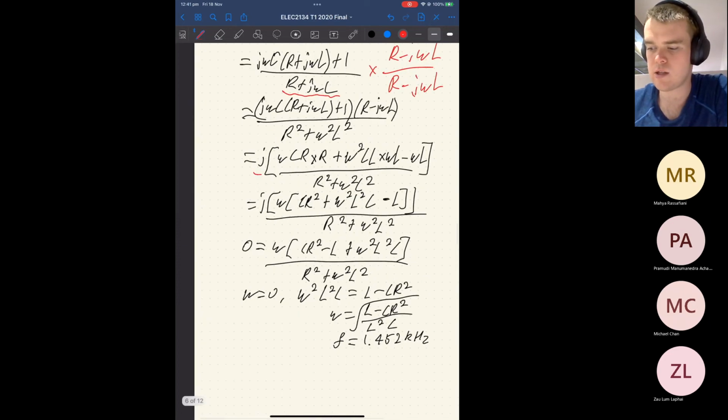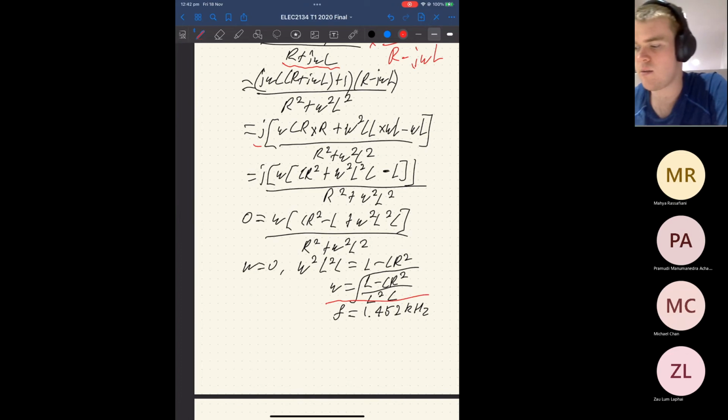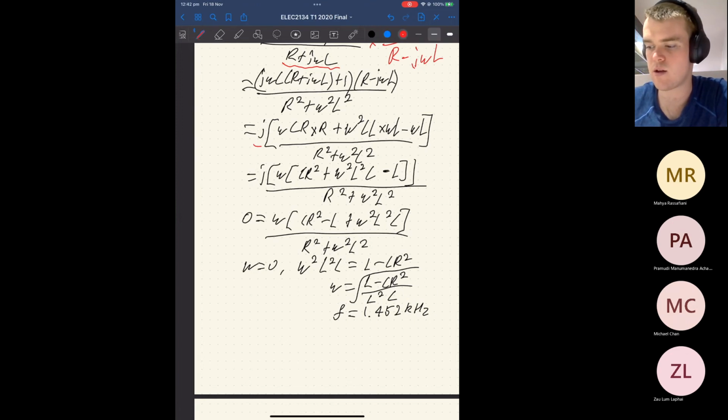You get this, and then you have these two conditions: when omega equals 0, and when omega squared L squared C gets you omega equal to L minus C R squared on L squared C. I checked this number with LTSpice, so I know it's correct.